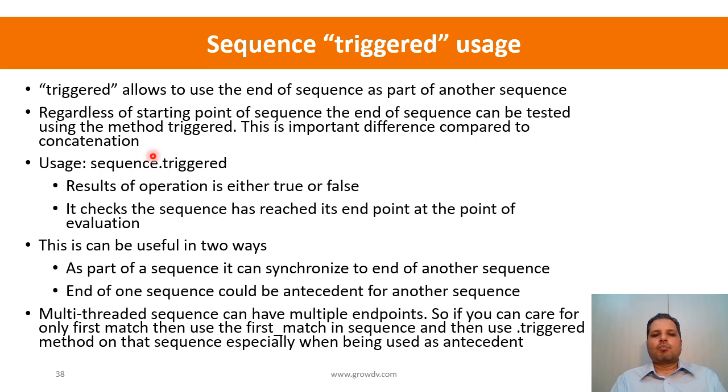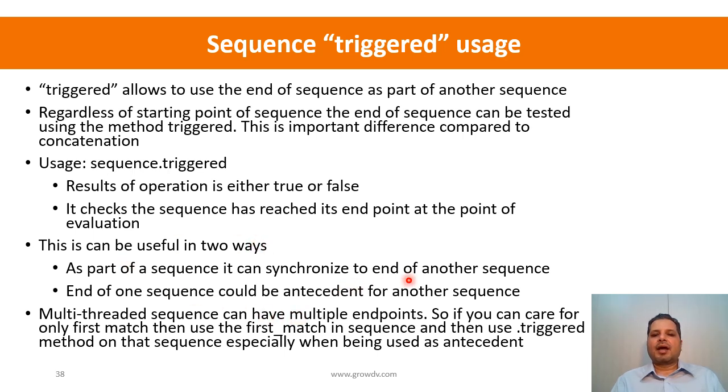Okay, so the usage is that you can say sequence dot triggered, and the result of the operation will be either true or false. It is true when the end of the sequence mentioned on the left hand side of the dot has completed. And this can be useful in two ways.